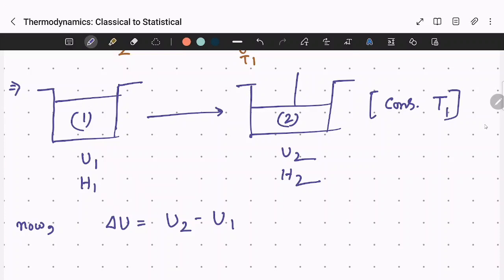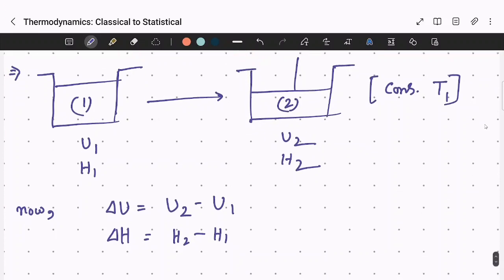Clear? First you change it at T1 temperature, then there is a delta U. You measure the internal energy change, del U, and del H, enthalpy change, that is H2 minus H1. This total process, correct? Again, you perform the same total process, changing the temperature to T2. Instead of T1, you change the temperature to T2. Clear? Then also you will get another delta U.